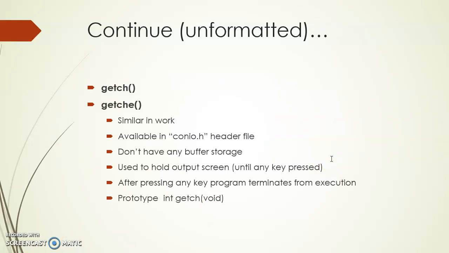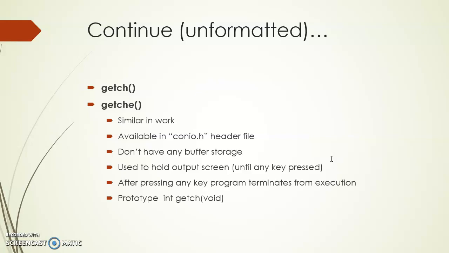Okay, again we see two more input functions which are called getch or getche. Both are similar in work and available in the conio.h header file. They are not available in stdio.h because they are not part of the C standard library.